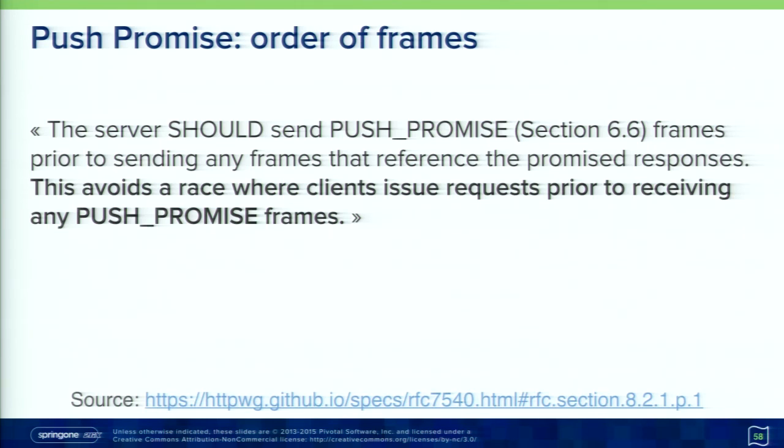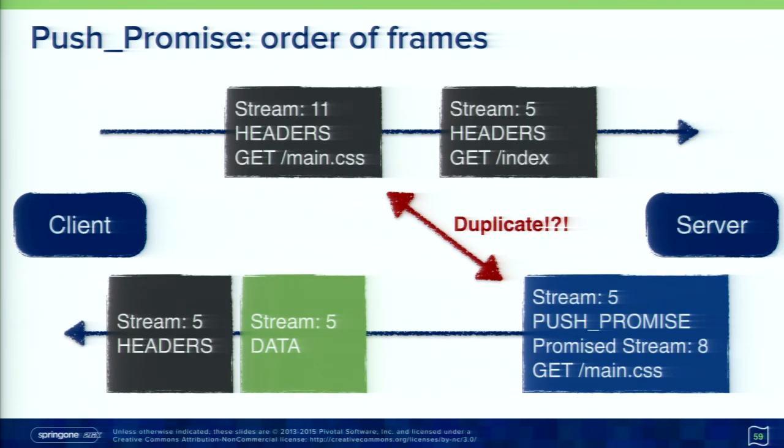Another really important thing about push promise is that the spec says that if you don't send the frames in the right order, you can have race conditions. The easiest way to understand this is that if the client is asking for index, so stream 5, the server then responds on stream 5 with the page itself, the headers, and the content of the page. The client can then parse the page and see, oh, there's a CSS file here, I should ask for it.